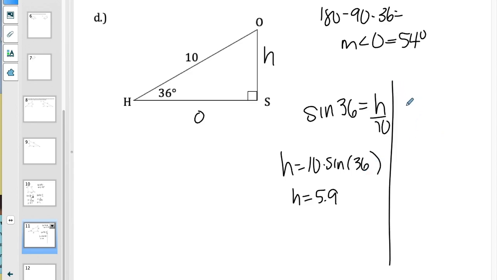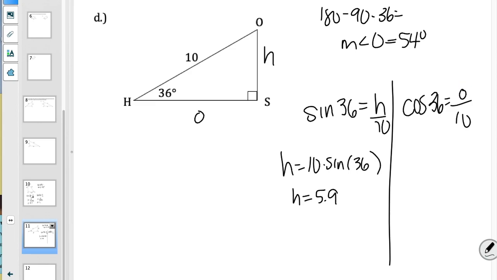Anybody else get confused with that? Okay, so good. Cosine of 36 helps me find side O here because of the label for that triangle. X over 10 is what that is equal to. And so again, not X, but O, I should say. I sometimes call these missing sides X's and Y's.